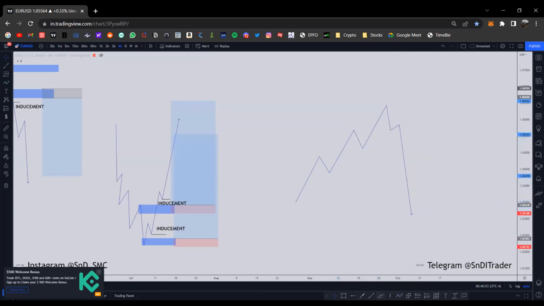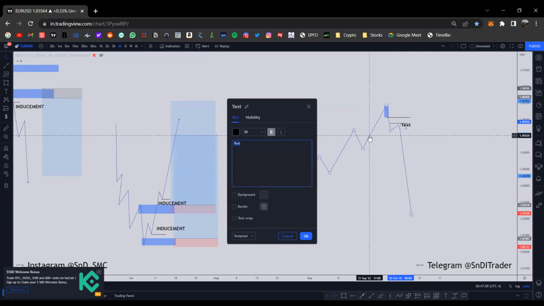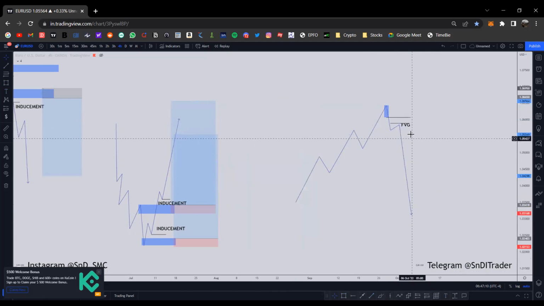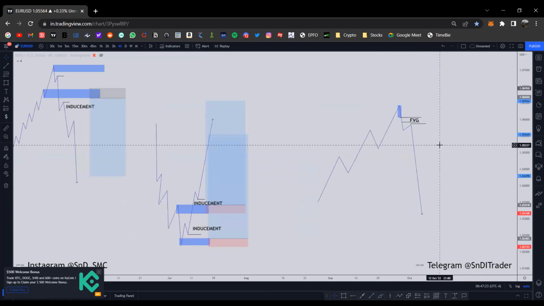There might be a bullish candle, and just below this bullish candle you might find some sort of fair value gap here, and just below the fair value gap, you might find a base or equal highs.